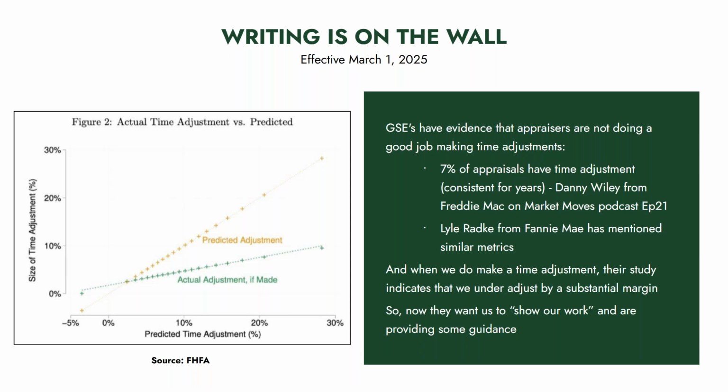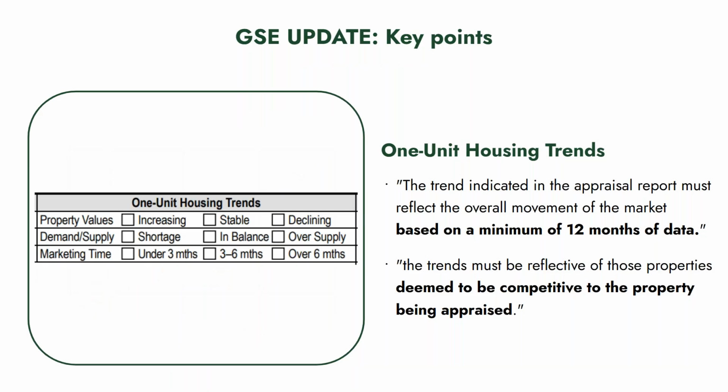Because of these studies and this evidence, they want us to show our work. We're always supposed to analyze our market and then make time adjustments when necessary, but they felt like maybe some of us weren't doing that. So this mandate is show your work, and they're going to provide us some guidance on what to do there. So what is their guidance?